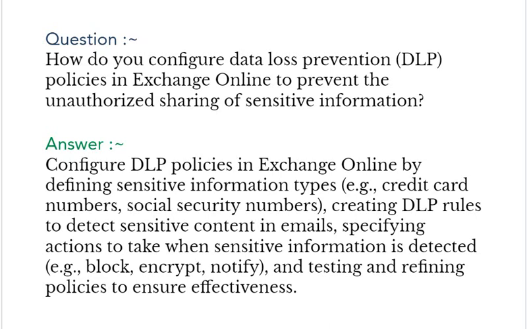Your answer should be: configure DLP policies in Exchange Online by defining sensitive information types, for example, credit card numbers and social security numbers, creating DLP rules to detect sensitive content in emails, specifying actions to take when sensitive information is detected, for example, block, encrypt, notify, and testing and refining policies to ensure effectiveness.